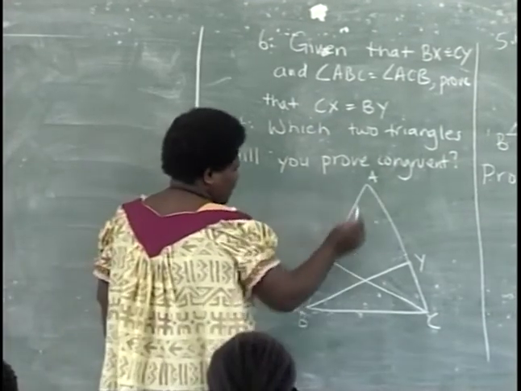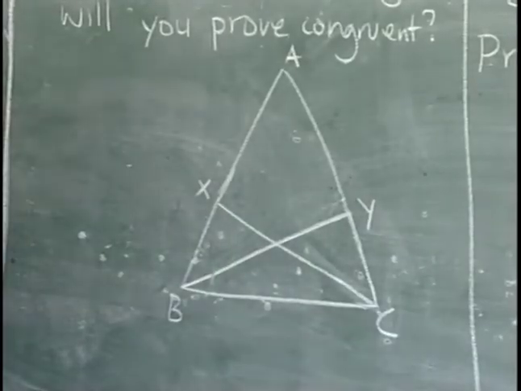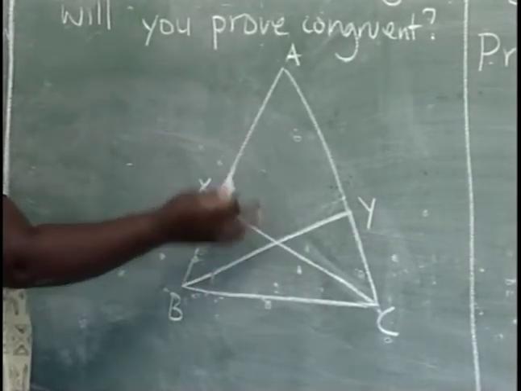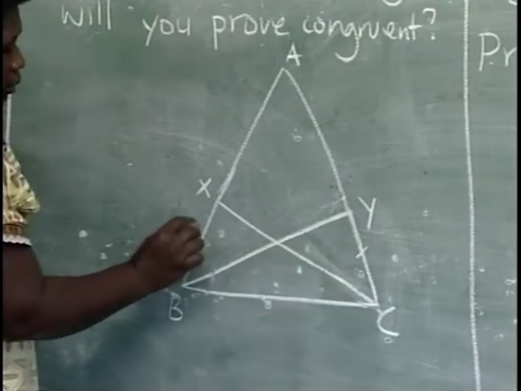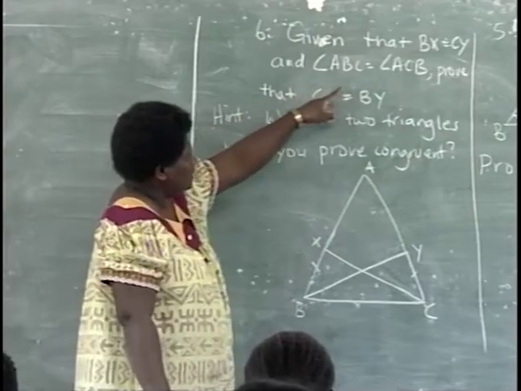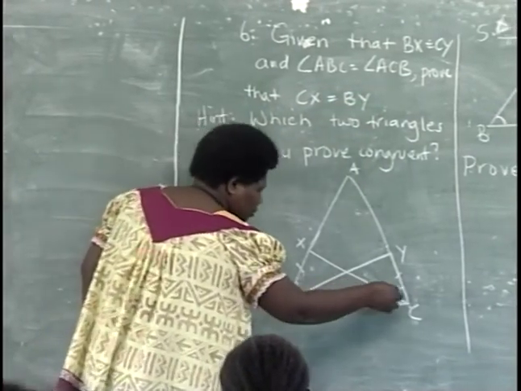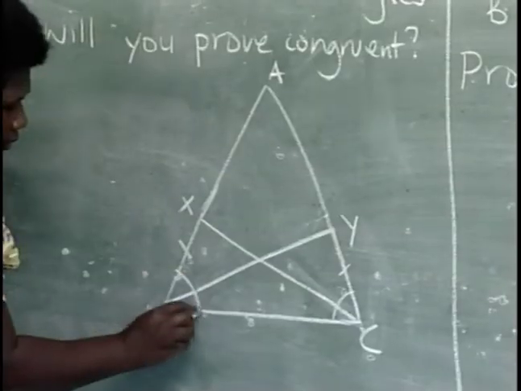Okay, it says angle ABC and angle, first of all, BX is equal to CY. So these two are equal. Then you are told angle ABC is equal to angle ACB, which makes these two equal.